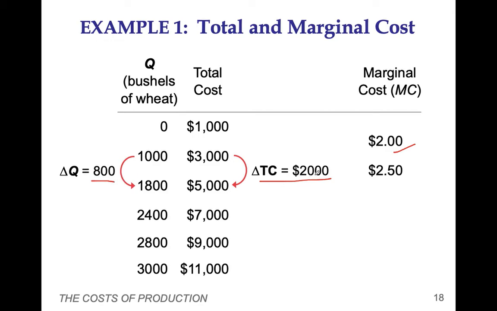Dividing 2000 by 800, we get $2.5. So for these 800 bushels of wheat, each bushel has a marginal cost of $2.5.